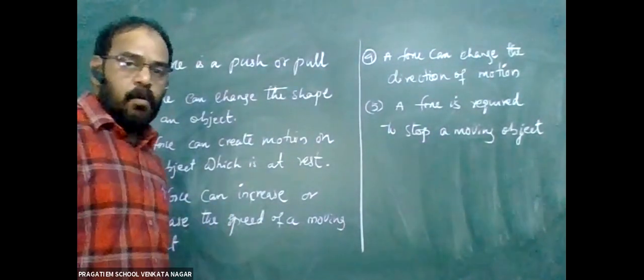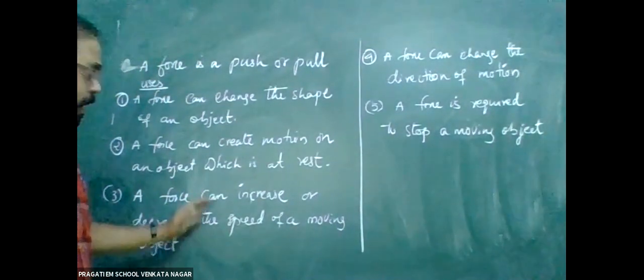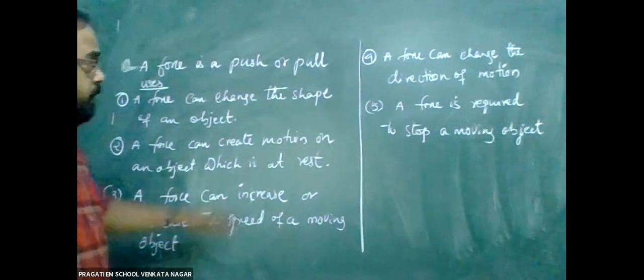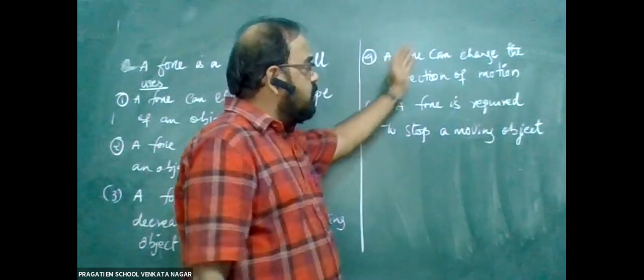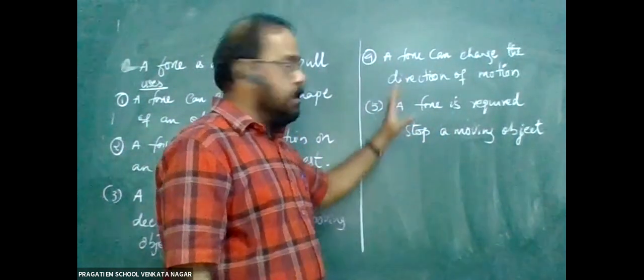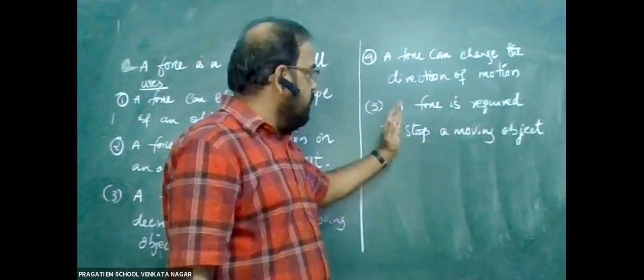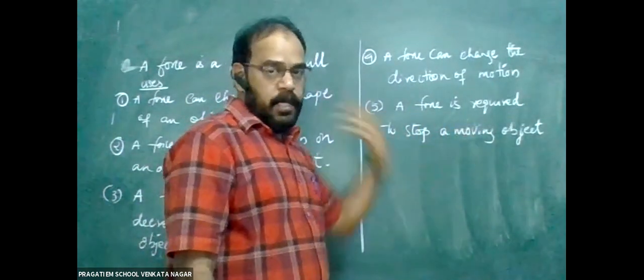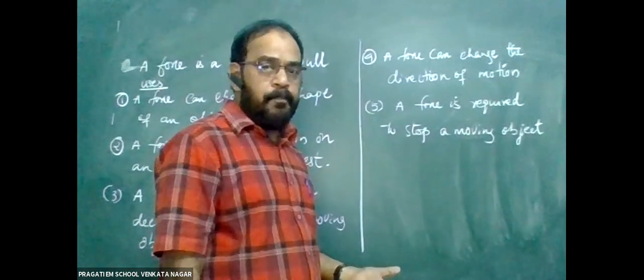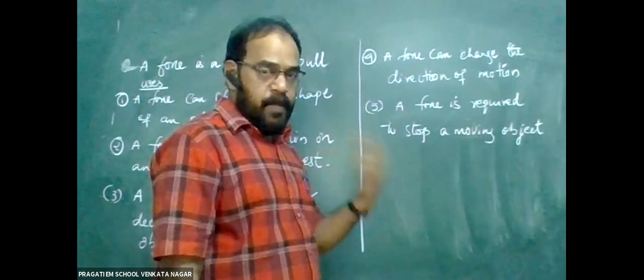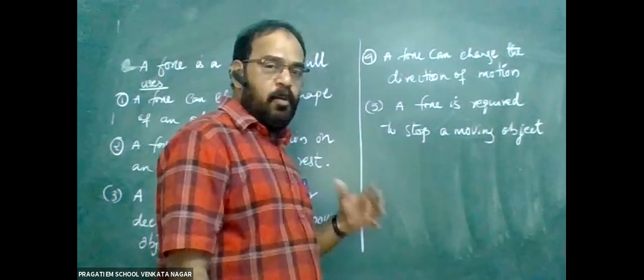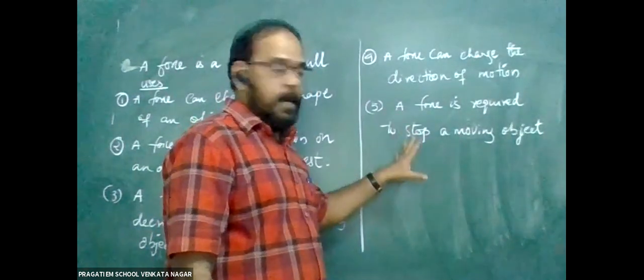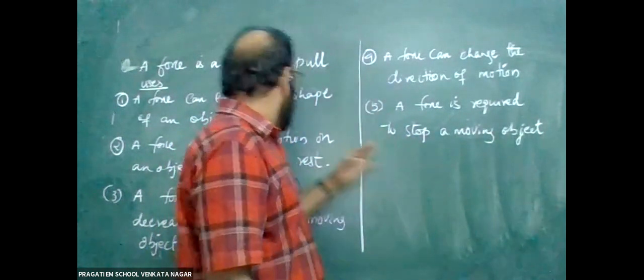To increase or decrease the speed, we need to apply a force, and a force can change the direction of motion of an object. And the last one is a force is required to stop a moving object. To create motion, force is required. At the same time, when you need to stop a moving object, you have to apply a force. So these are the 5 points.